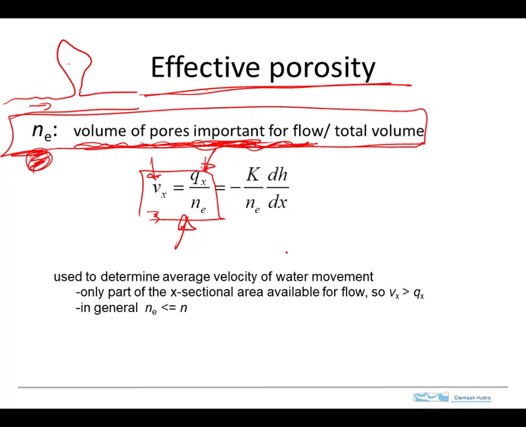Okay, so if we have a tube here, velocity is the distance that a particle of water would travel in an increment of time, and the flux is the volumetric flow divided by this cross-sectional area. They have different concepts, and the effective porosity relates those two.